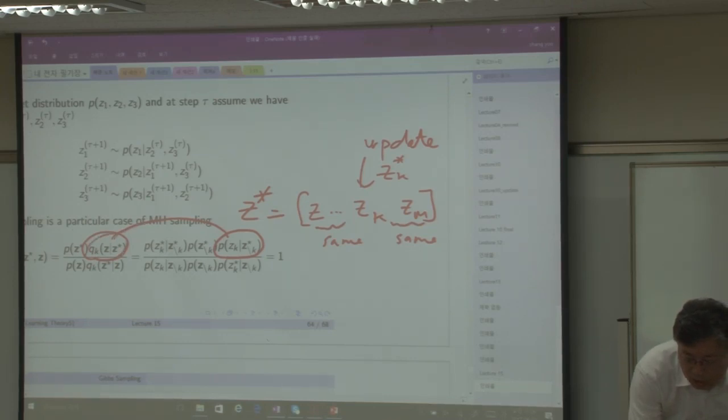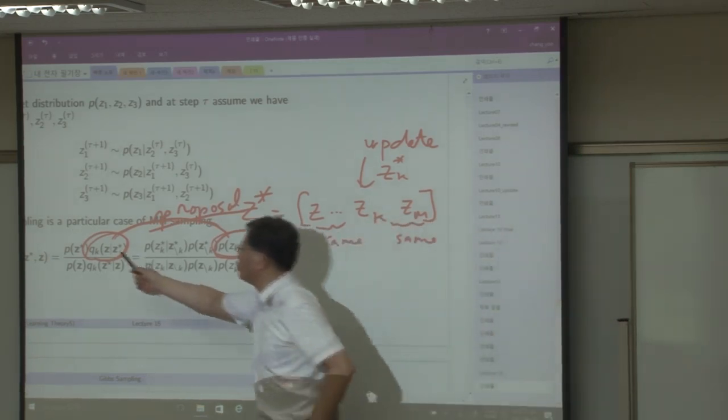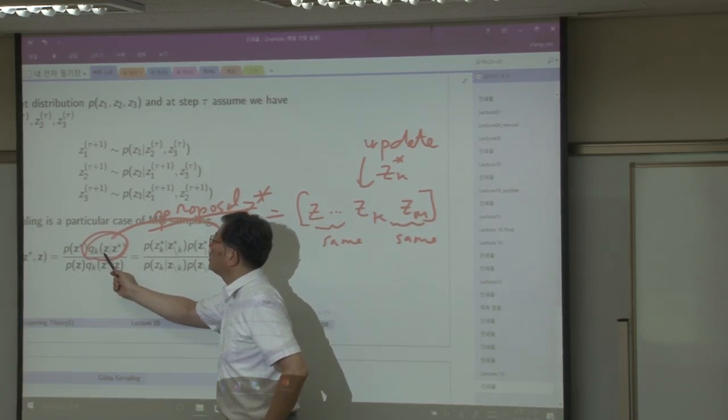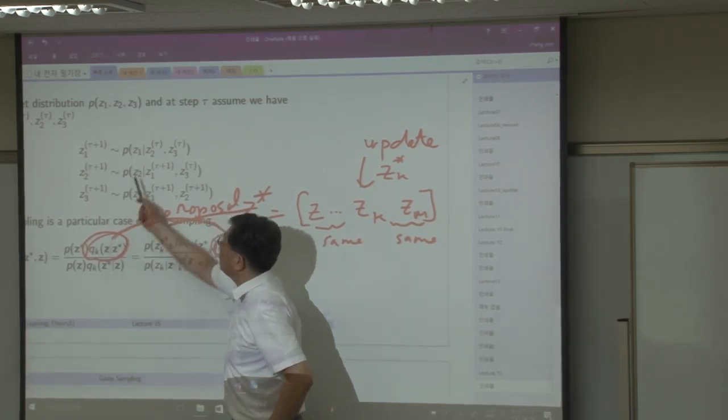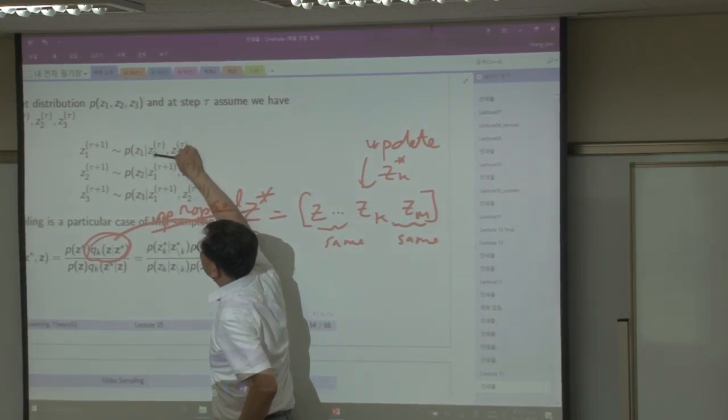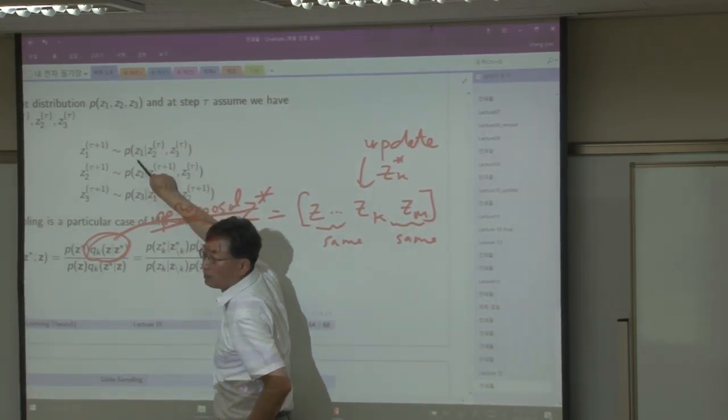That's the proposal distribution, right? I'm given the previous, and I transition to Z. I want to keep everything the same except for the kth component.